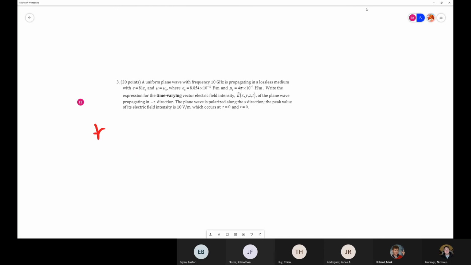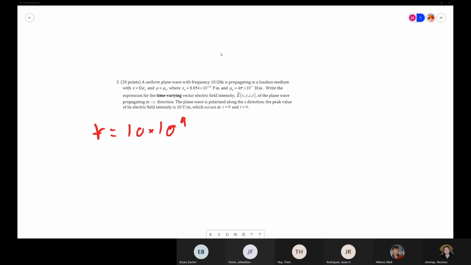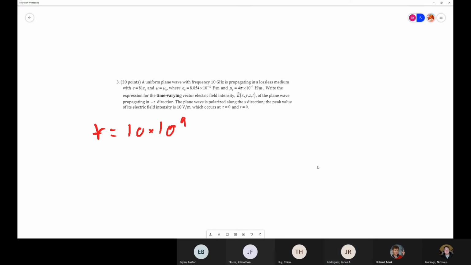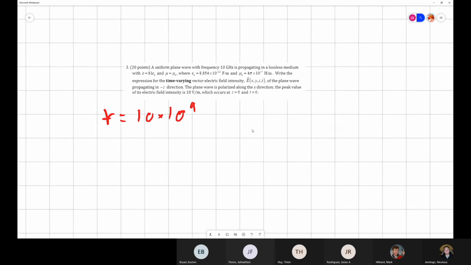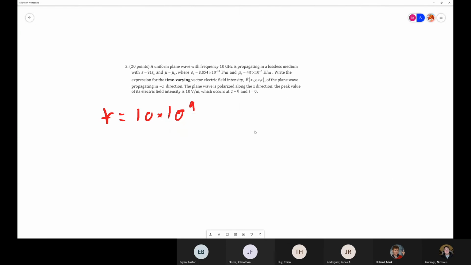F equals 10 times 10 to the 9. Given E. So basically you can start with the general form of the equation and see which values you need. It's not the vector form, it's the time form.